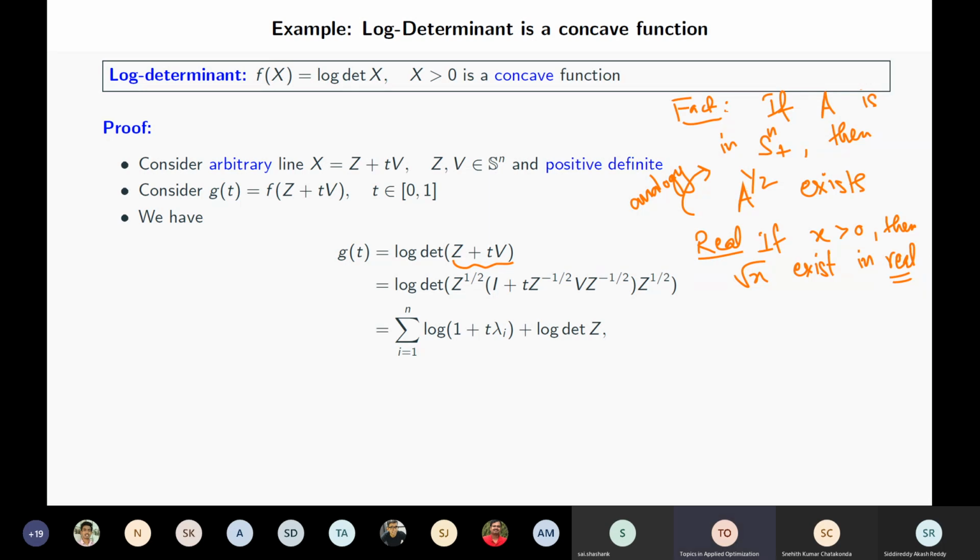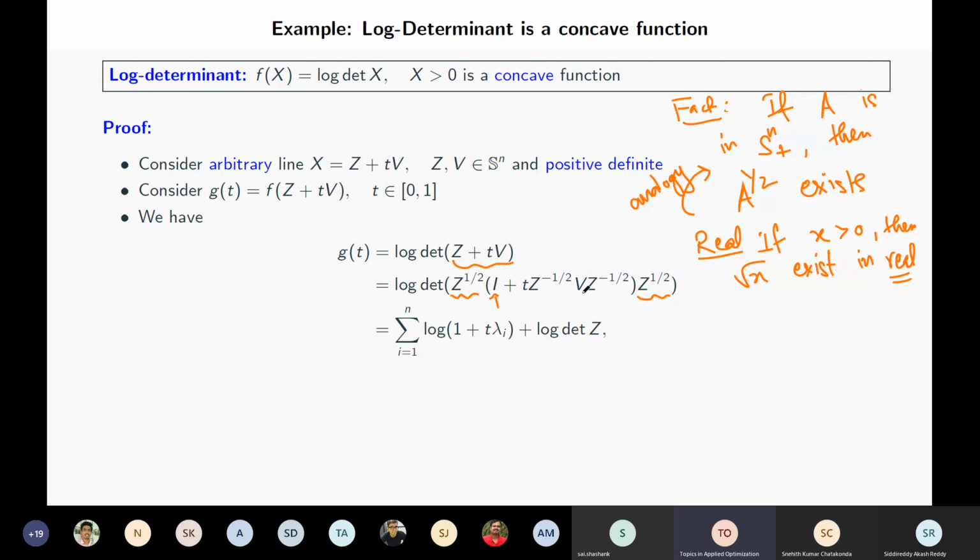So the square root exists, because Z is symmetric and positive definite. So I take the square root common from both sides. If I multiply this back, you get back this. If I multiply Z half and Z half, then I get back Z here.